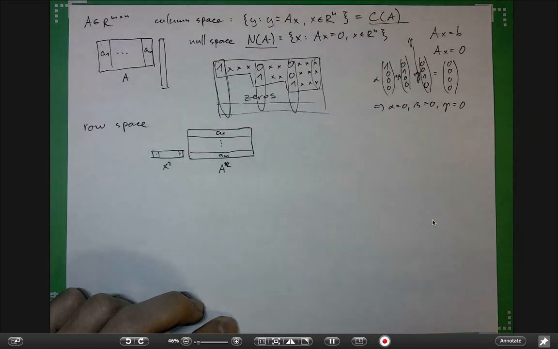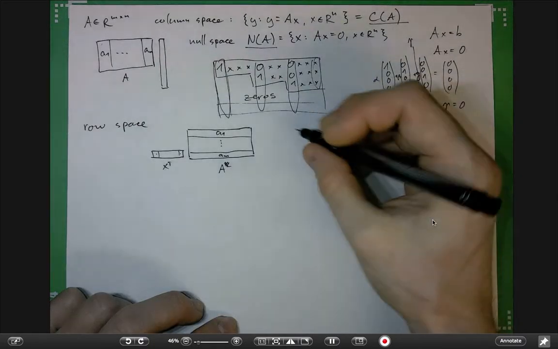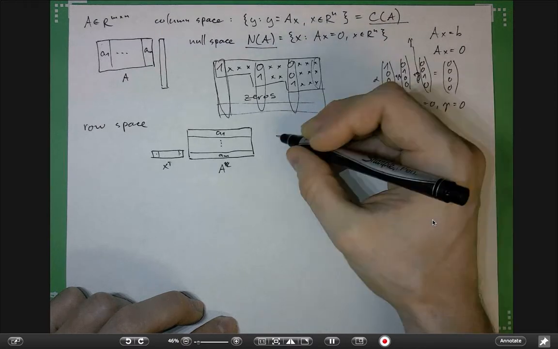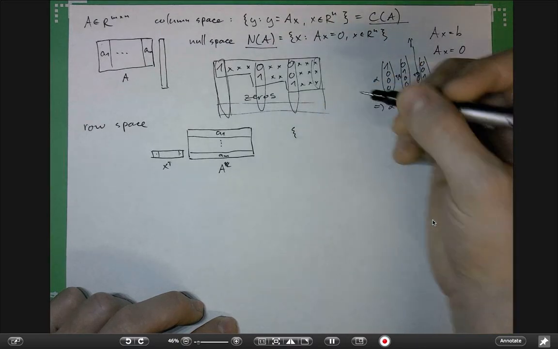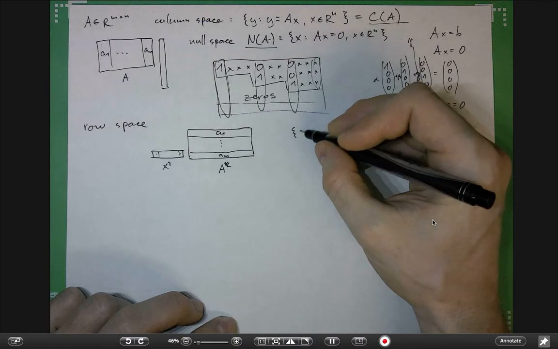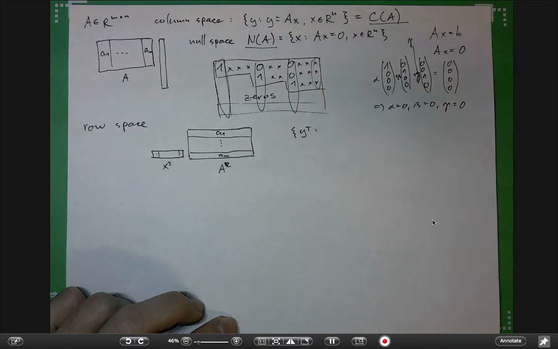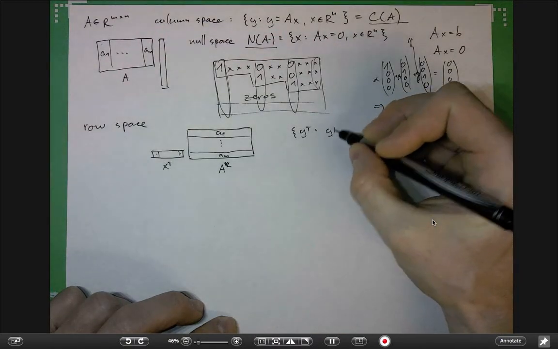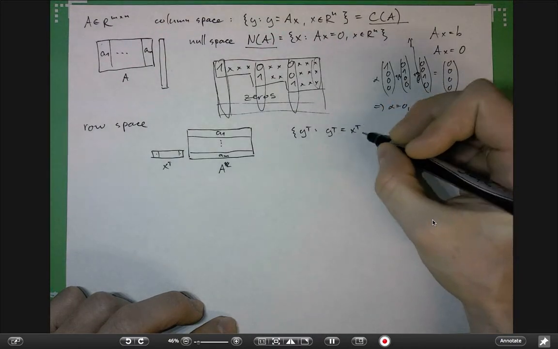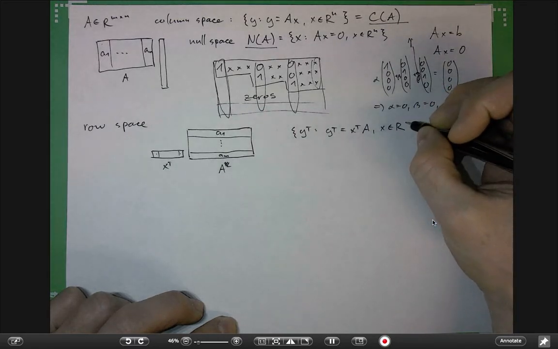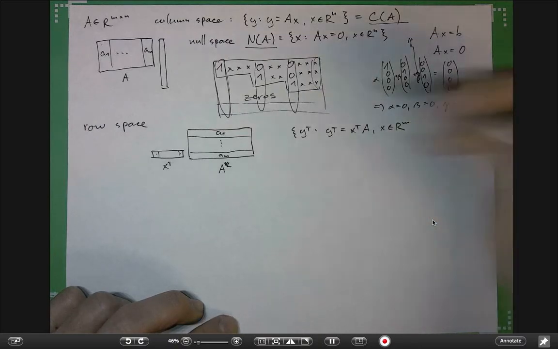I said by default we have column vectors, so if you need to deal with row vectors, we transpose them. So the row span is the set of all vectors y transposed. That's because this will be a row vector, so I transpose it so it's a column vector, such that y transposed is x transposed A for arbitrary x from R^m, right? Because of the number of rows.